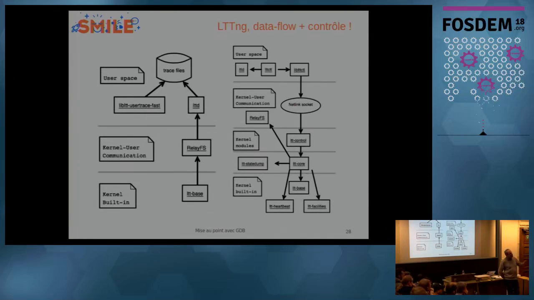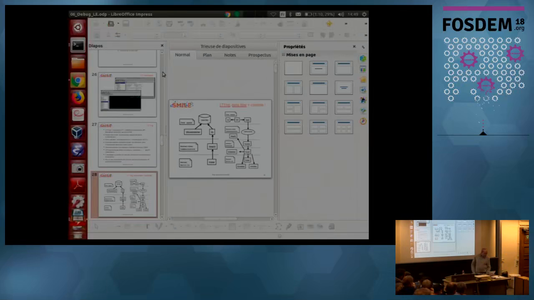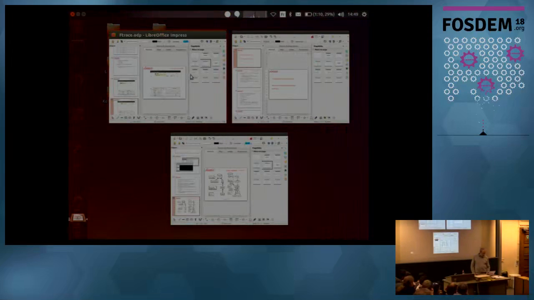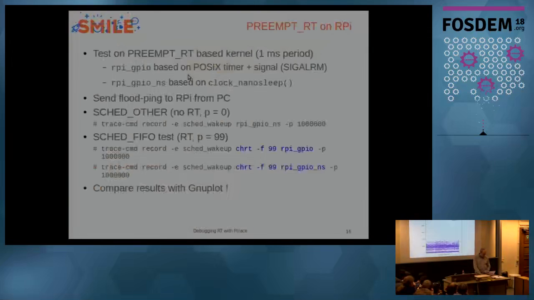Actually, it's not a problem with Ftrace. It's a problem with the command line. When you start the command with a specific priority, this is a static priority, but if you want to modify the priority, you should set the priority inside the program.